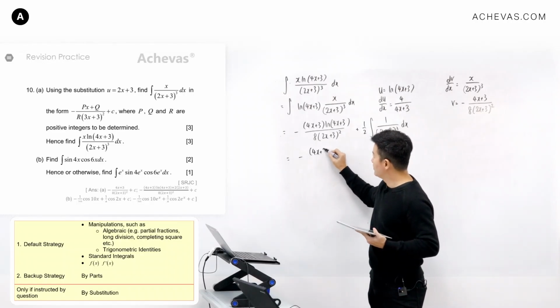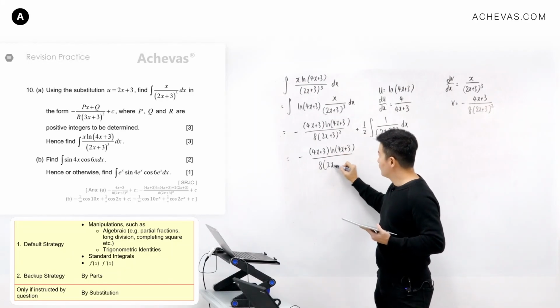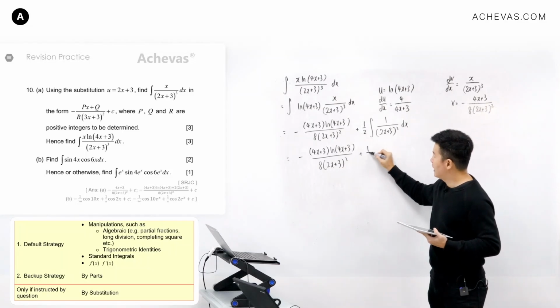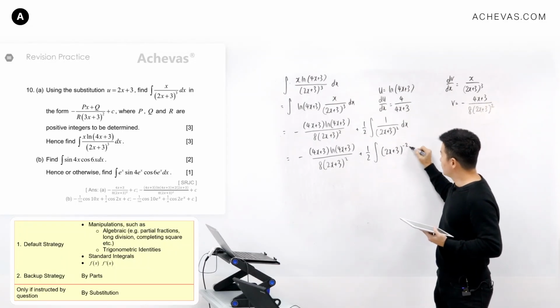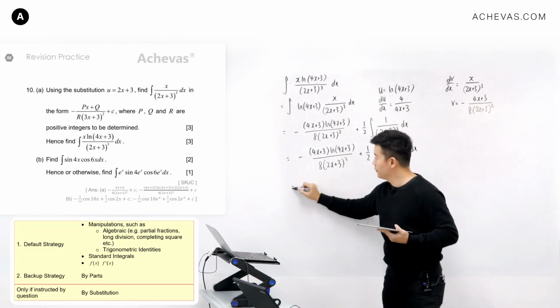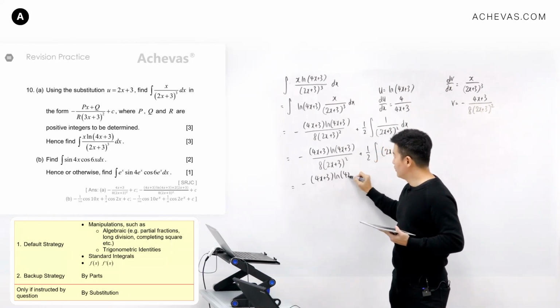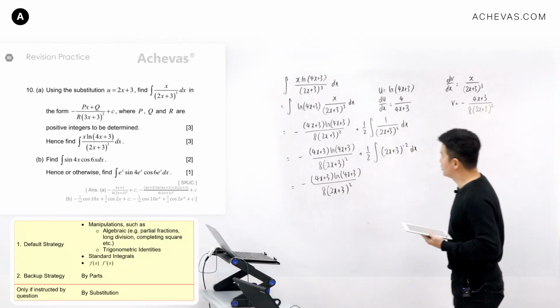So we have this plus 3 ln of 4x plus 3 divided by 8 of (2x plus 3) squared plus half, rewriting this as (2x plus 3) to the power of minus 2.